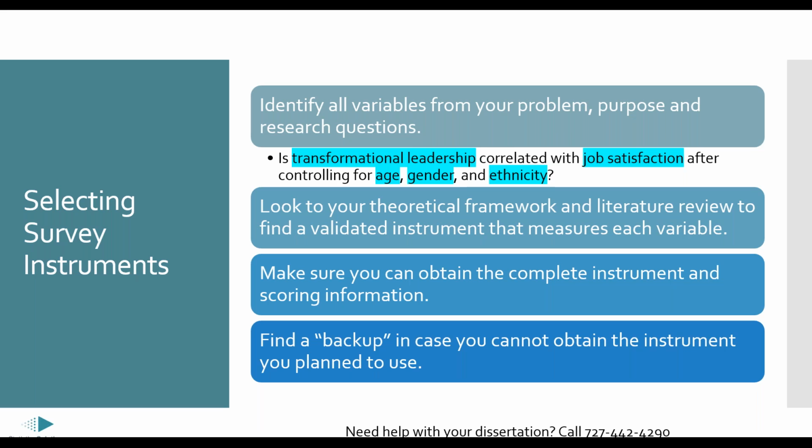Once you have that list of all the variables that you need to measure for your study, it becomes a matter of finding appropriate instruments to measure those variables. So where should you look for those? The answer is you should be looking in your theoretical framework and articles from your literature review to find the appropriate instruments to measure those variables.